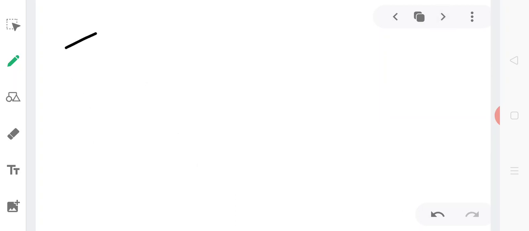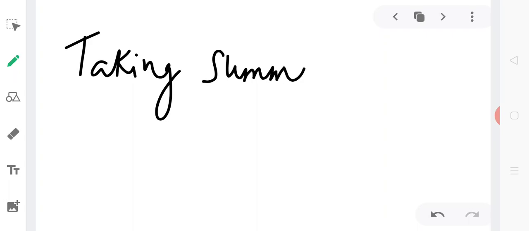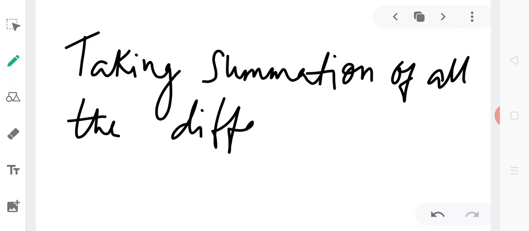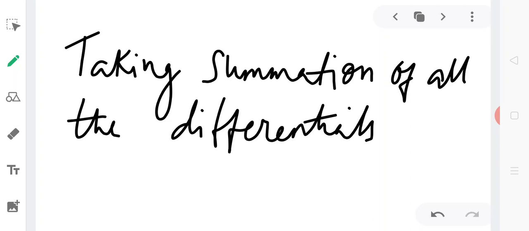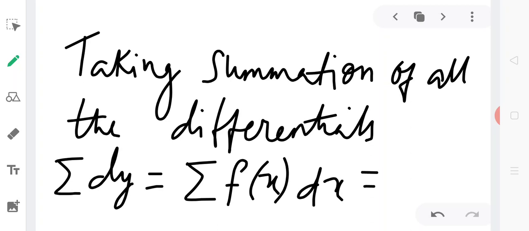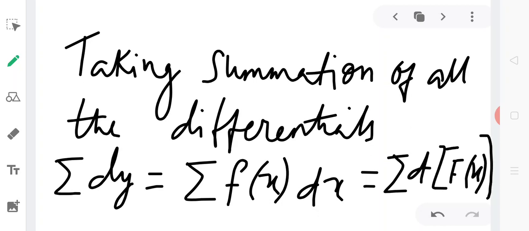Now if we take the summation of all the differentials, we will get summation dy equal to summation f(x) dx, and that is further equal to summation of differential of the function y.